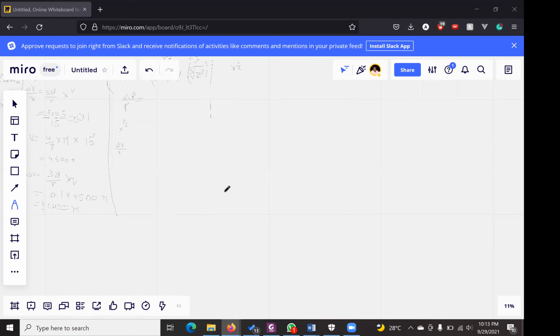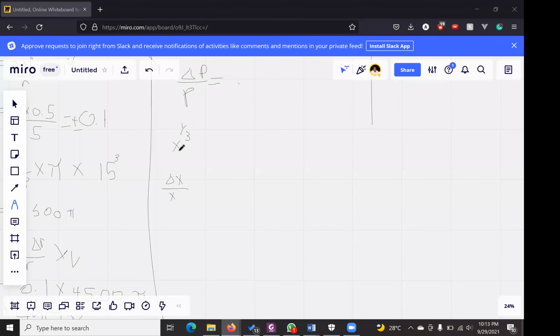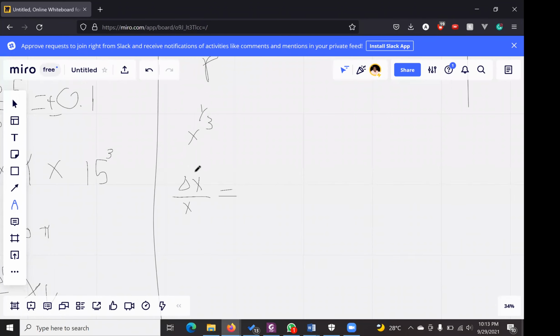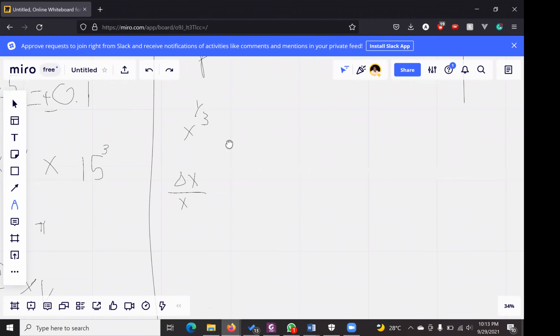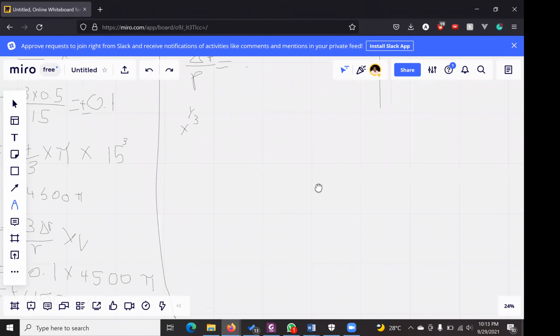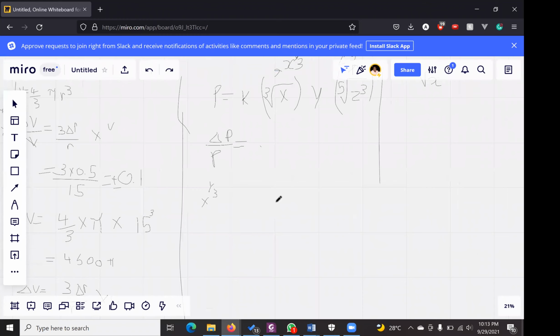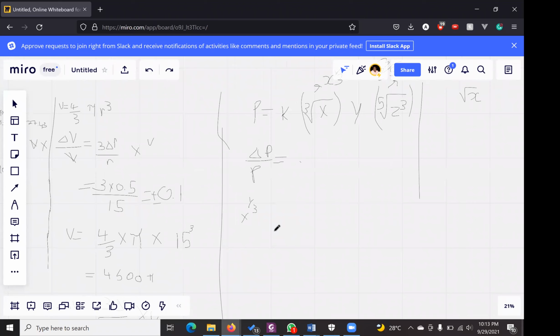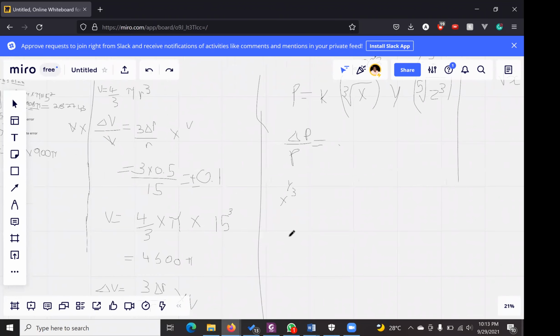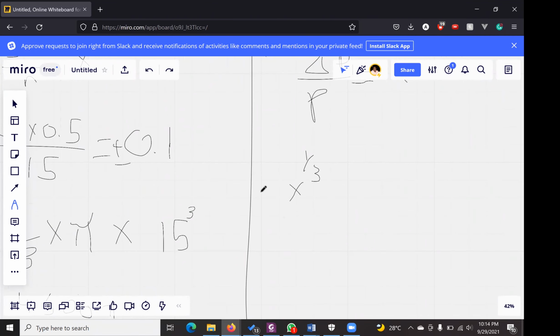All right, so I don't want to throw off anybody. Let me use a different letter. What letter do we not have here? Let us call this b. X to the 1/3 is b, right?